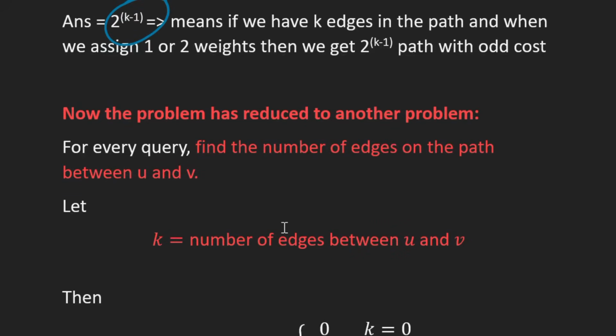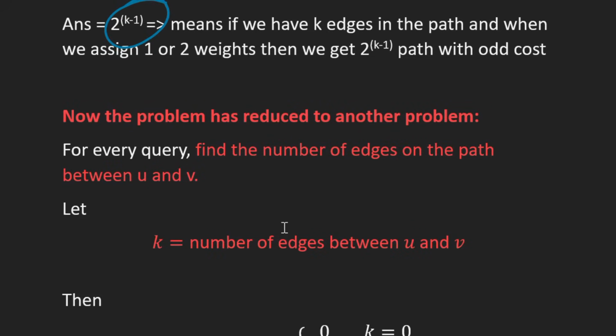So now earlier we needed to assign the weights either 1 or 2. But now basically what we need is the number of edges between two nodes. That is now what we want, right? If we get the number of edges between two nodes u and v, then we get our answer.